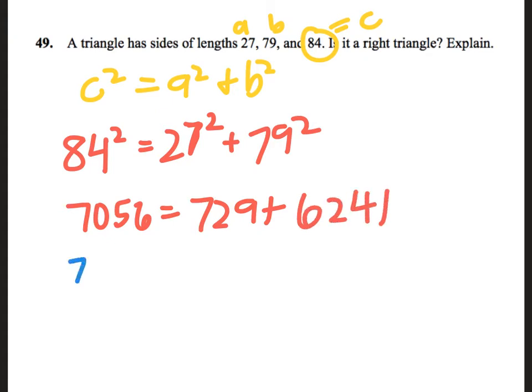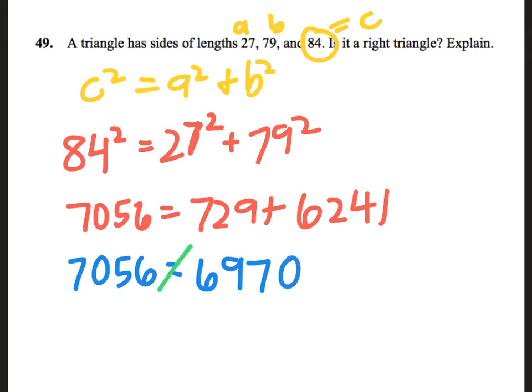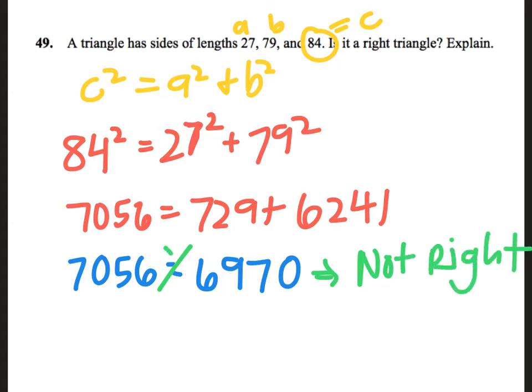If we add, we have 7,056 equals 729 plus 6,241, and we get 6,970. Again, these are not equal, so that tells me it's not a right triangle. Now, actually, notice c squared is greater than that. It would actually be an obtuse triangle because c squared is bigger.